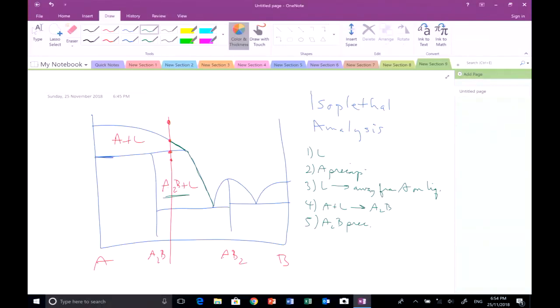That's a eutectic. Okay? So when I hit that eutectic, I have a reaction. And that is liquid goes to A2B plus AB2.